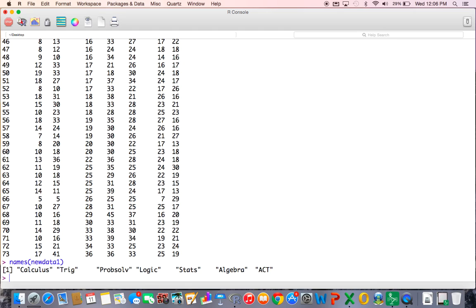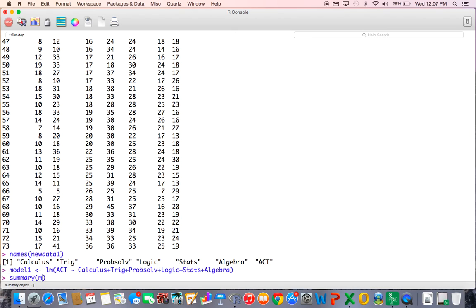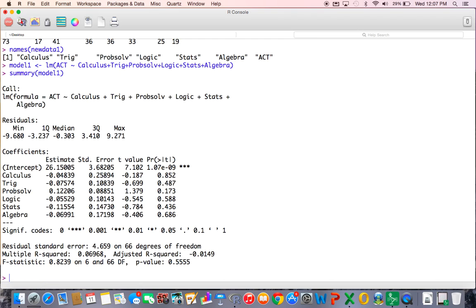So I want to predict ACT from calculus plus trig plus problem solving plus logic plus stats plus algebra, and I get no statistical significance.